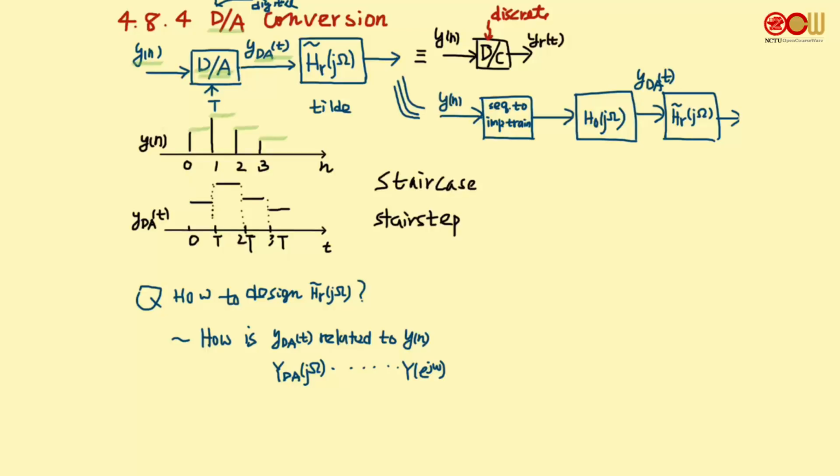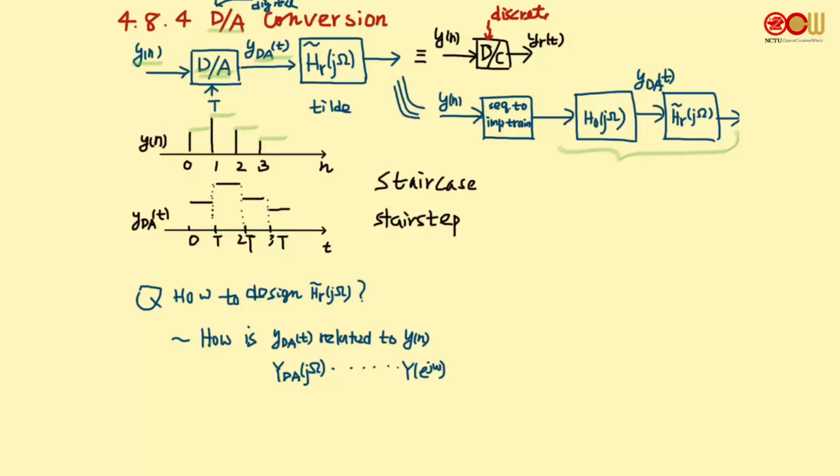Now if we would like the cascade of these three all together to be the same as the D2C converter, what can we do? Compare this with the two parts of the D2C converter. What should the cascade of these two filters be?